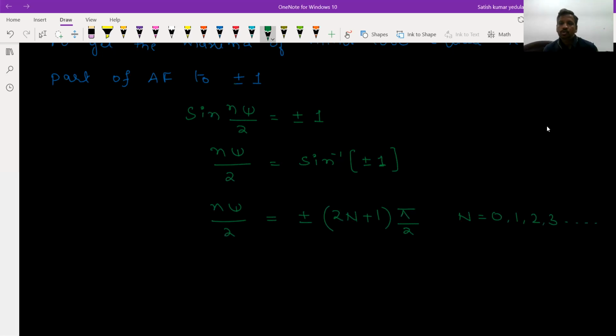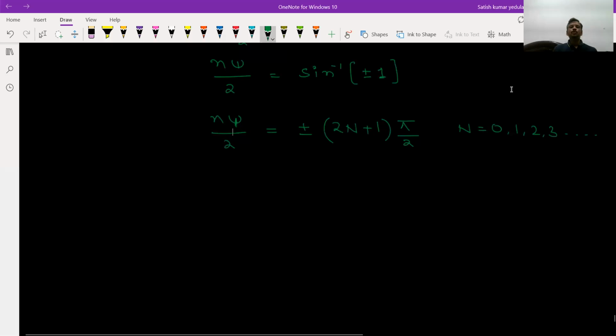That is your expression. Now you have to simplify this. First, N equal to 0 will give you the direction of maximum, the major lobe maximum. Don't consider this because we have already calculated the direction of major lobe maxima.